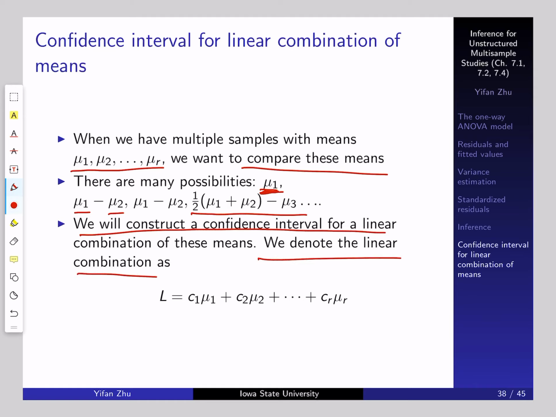The linear combination we denote as L. L is equal to C1 times mu1 plus C2 times mu2 plus up to CR times mu r. For mu1, C1 is 1 and C2 to CR are 0. For mu1 minus mu2, C1 is 1, C2 is minus 1, and 0 for the others.